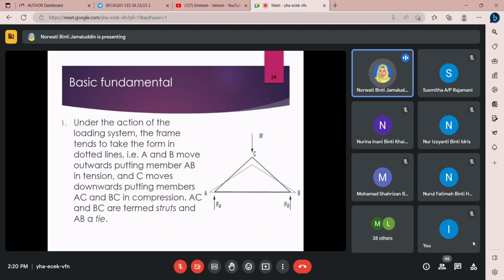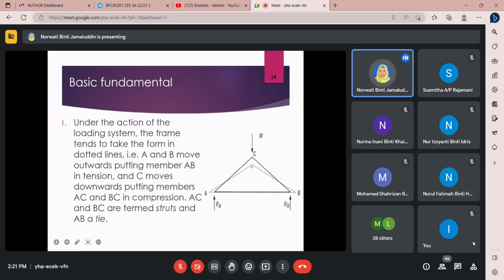The most basic understanding: any structure under loading will react, and of course it will transfer the load to the other structural members. As in this figure, you can see that this simple truss system is subjected to a concentrated force.